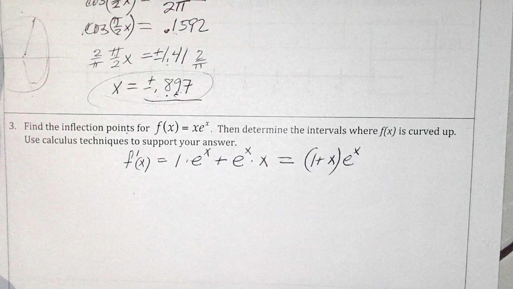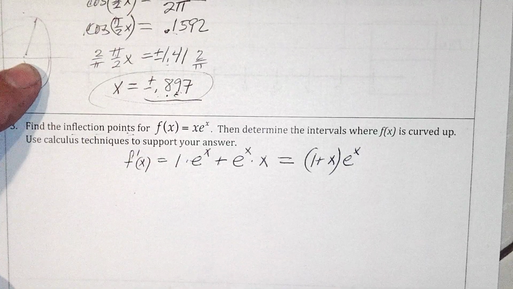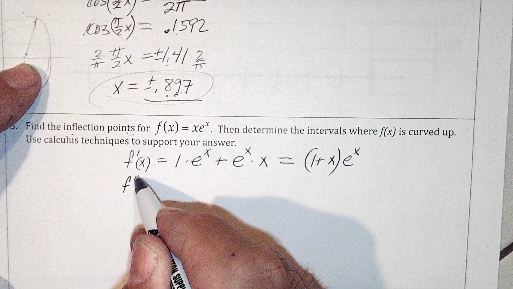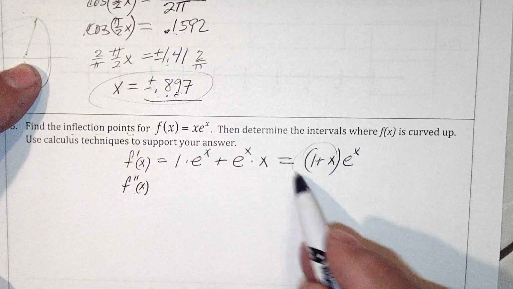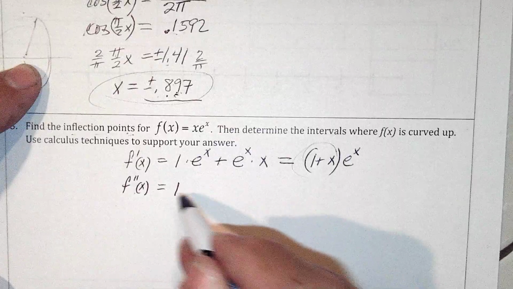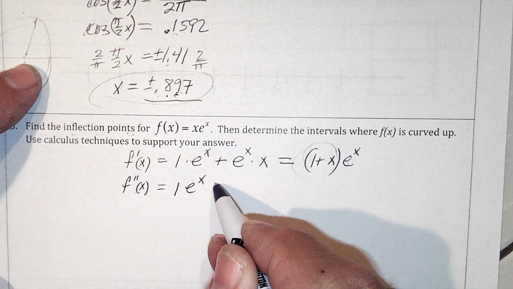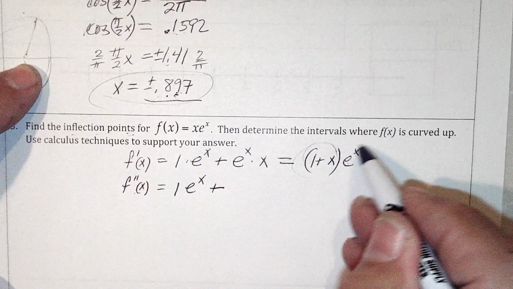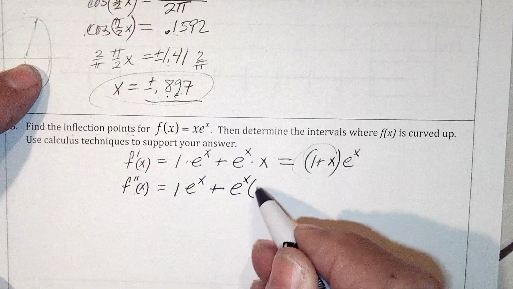That's the derivative. But to find inflection points, I got to find the second derivative. So f double prime of x would be the derivative of this times that plus the derivative of that times this.